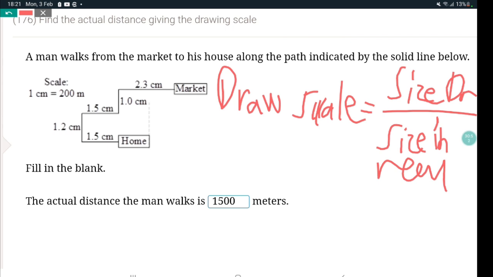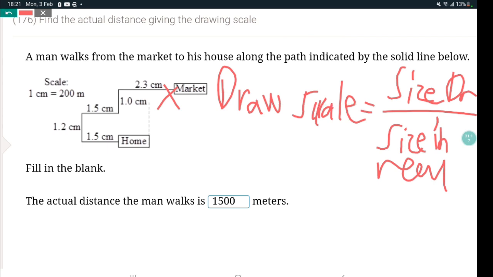But what are they asking here? They want to know the actual distance, so they're looking for the size in real life. You can derive it from this rule: you multiply this side by size in real, and you divide it by this.